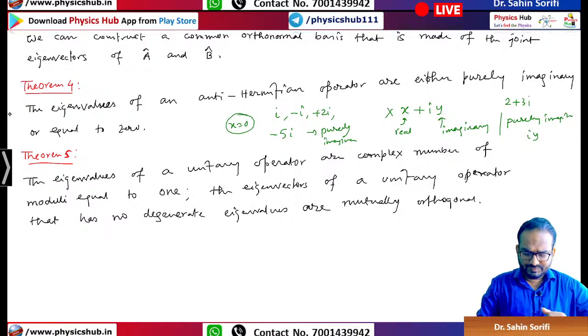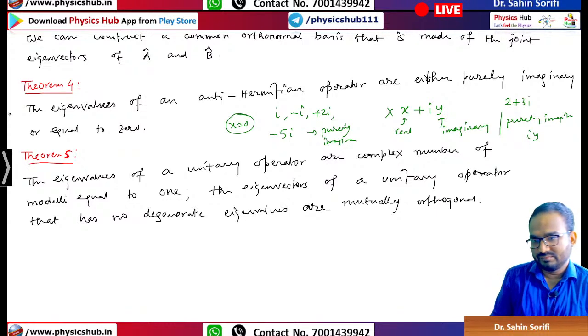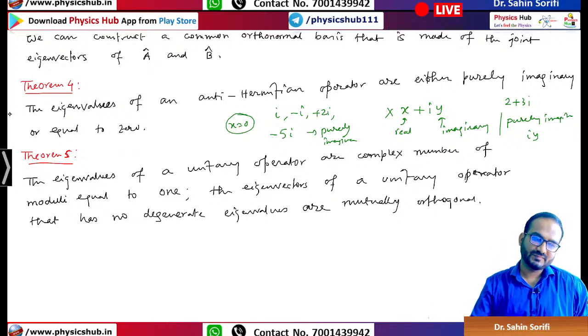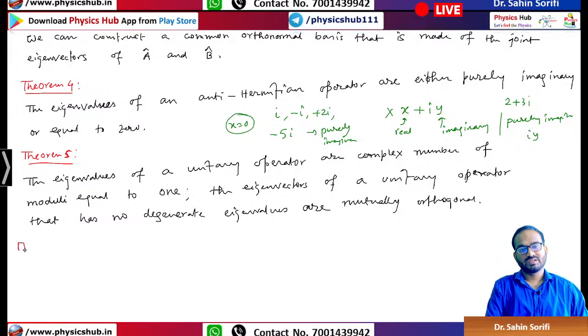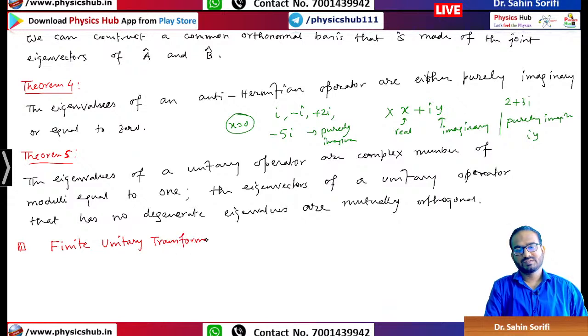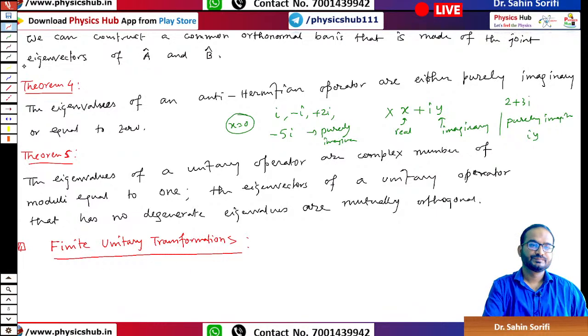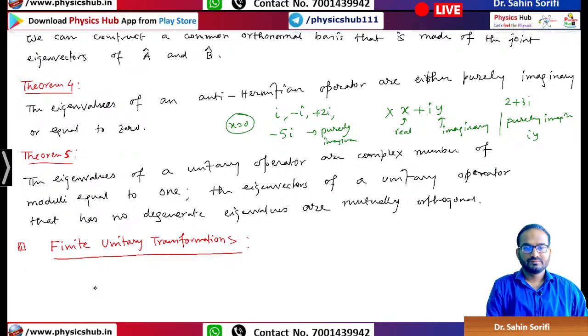Now there are a few small topics which might be complicated. So I'm just giving you one ultimate formula from those small topics, but it may be useful in solving numericals. So this is finite unitary transformation. From this finite unitary transformation, you can just remember one formula, and this is very similar to what we have done here.